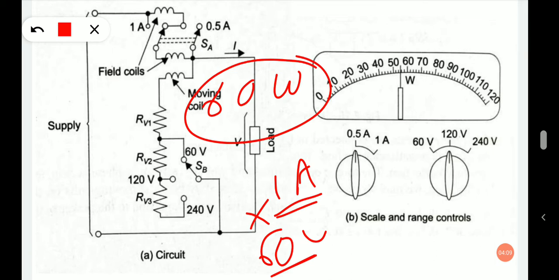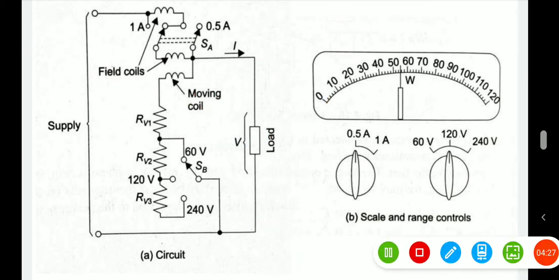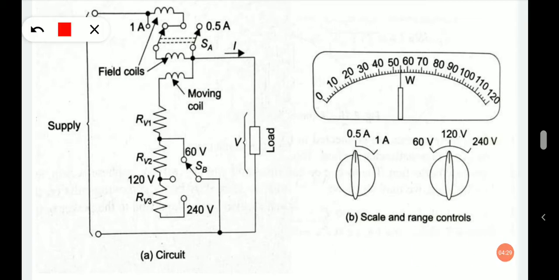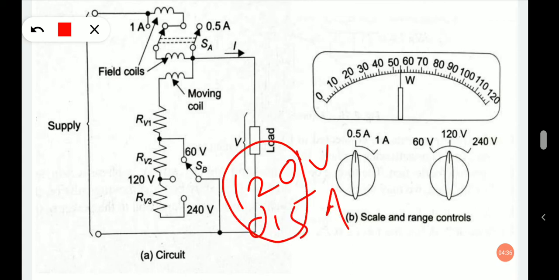However, the actual voltage and current applied to the instrument is 120 volt and 0.5 ampere. Then the power for actual readings comes out to be 60 watt, because multiplying 120 volt and 0.5 ampere again gives 60, and the unit is watt.